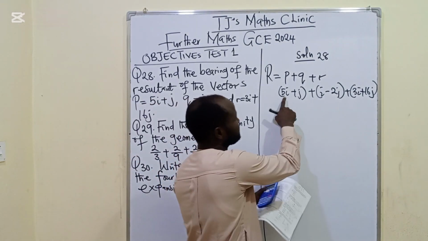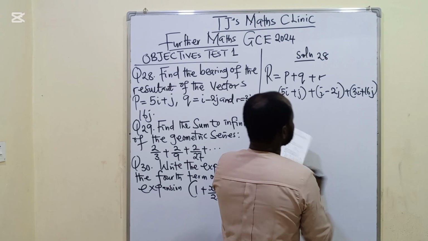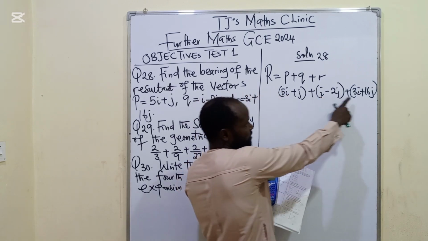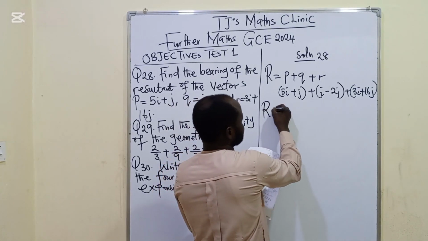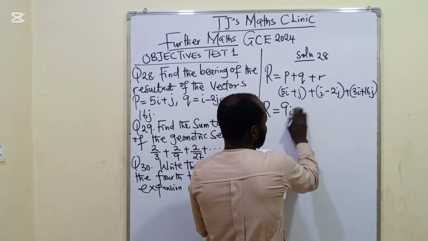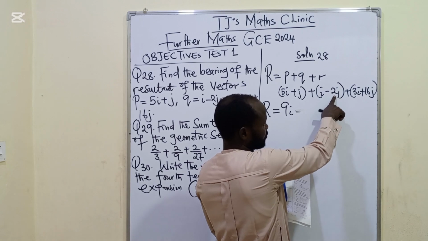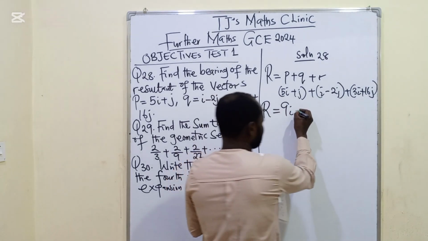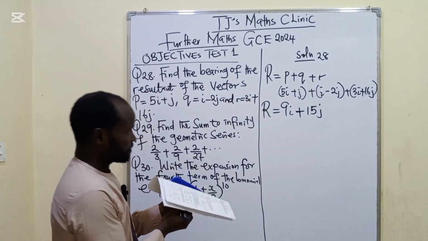Very important. Let's remove the brackets first. Since we are adding, we have 5i plus i, that's 6i, plus 3i. That will be 9i. Let's go to j now. It will be j minus 2j, that will be minus j. Minus j plus 16j will be plus 15j. So this will be the resultant.